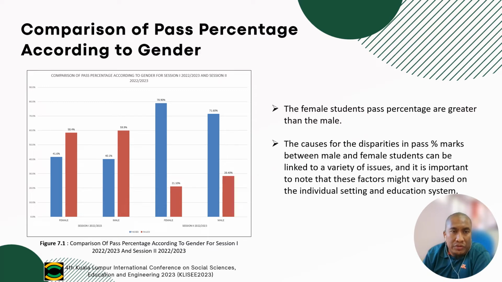The causes for the disparities in pass percentage between male and female students can be linked to a variety of issues, and it is important to note that these factors might vary based on the individual setting and education system.